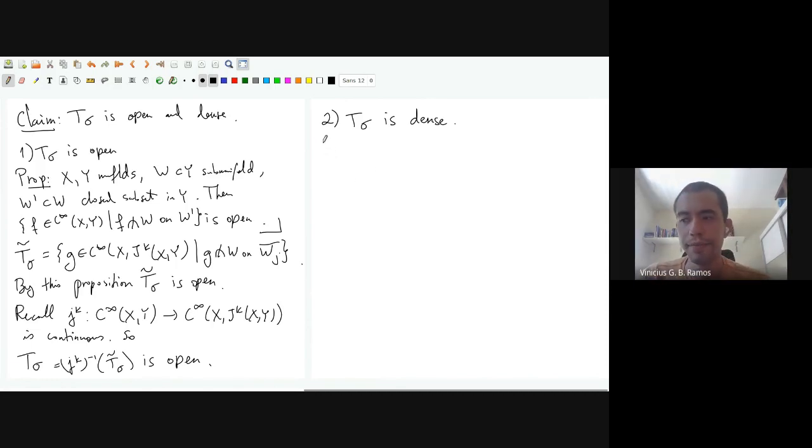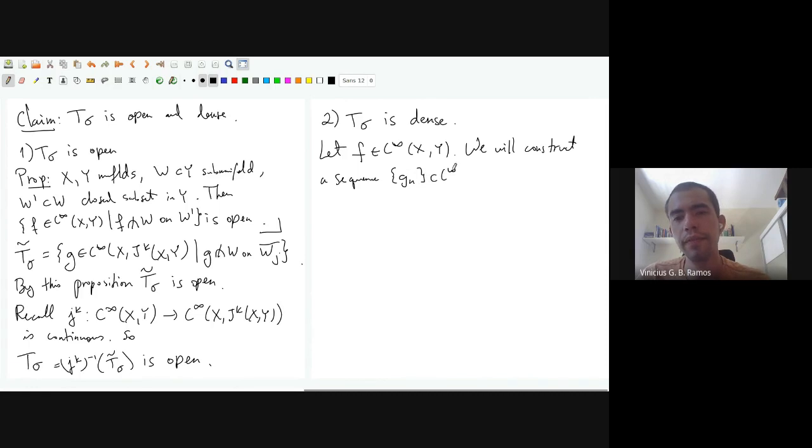So we're going to let f be a function, and we're going to construct a sequence Gn such that Gn belongs to T sigma and Gn converges to f in the C infinity topology.